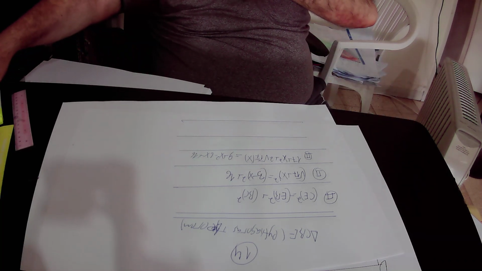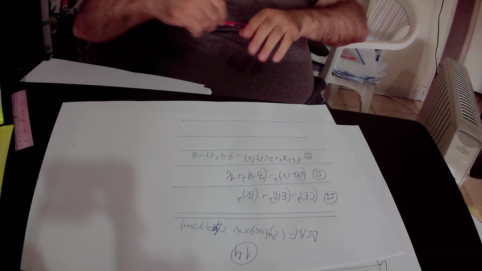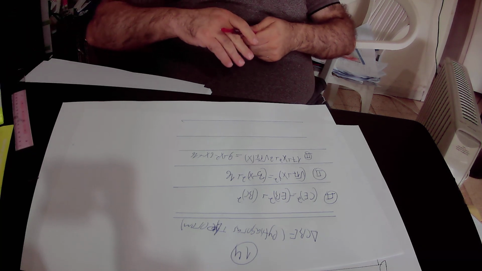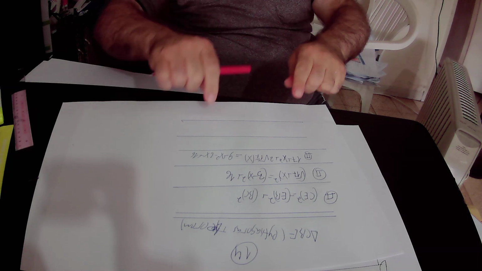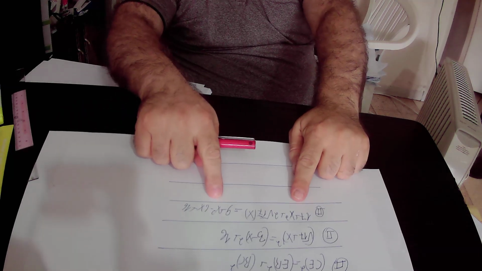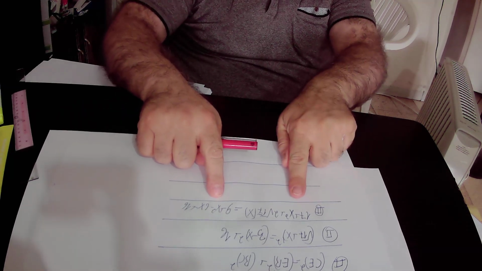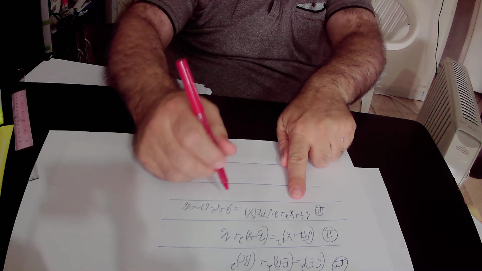So here we have x squared on both sides of equation number 2, so x squared will get cancelled.